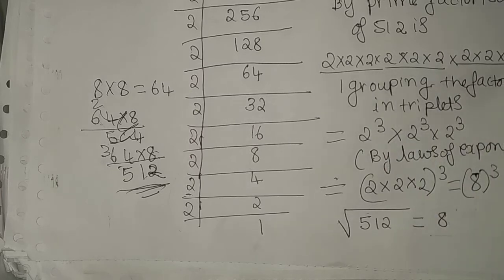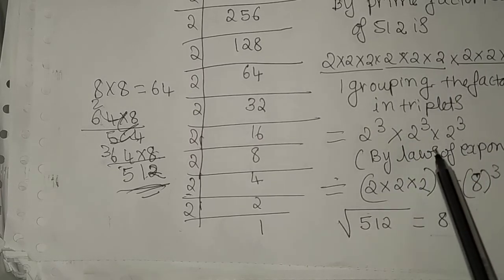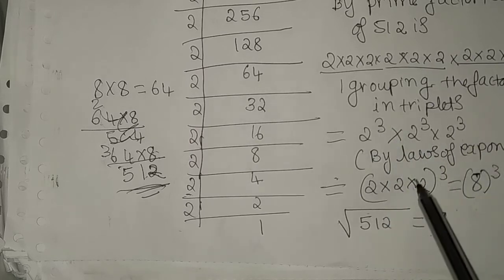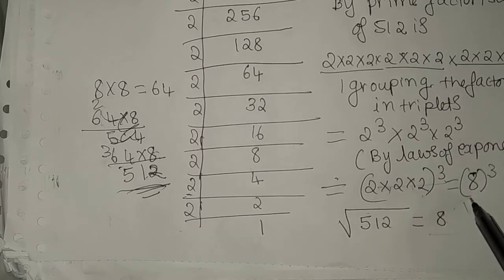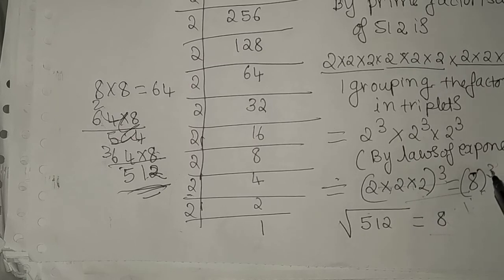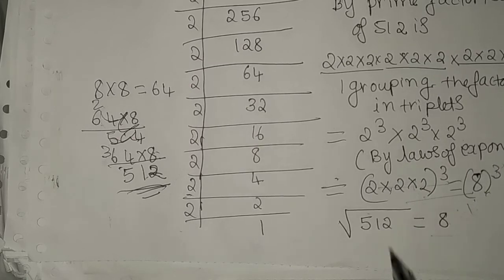Group them into triplets, then by laws of exponents write each power and base, take the base common, multiply, and write the cube as common. Finally write that the cube root of 512 is equal to 8. So this is the solution; we have solved two problems of 7.2.